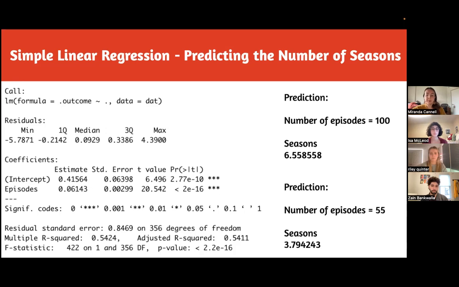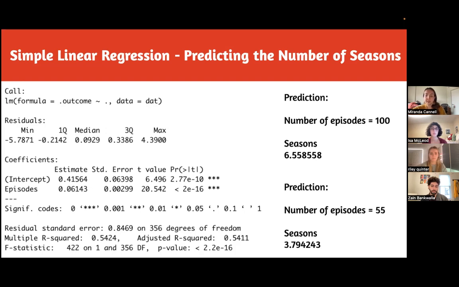The usual form of simple linear regression is y equals mx plus b, which you might be familiar with. We use the predict function to find the answer. So if the show has 100 episodes, the number of seasons will likely be around 6.5. Or if it has 55 episodes, the seasons will be about 3.8.